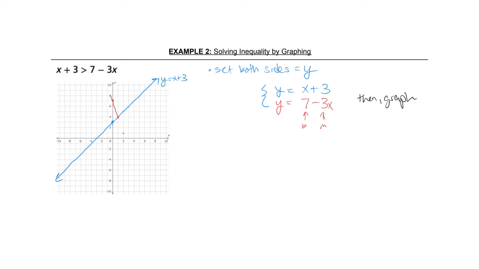And then we draw our graph. All right, so we now have an intersection here at (1, 4).